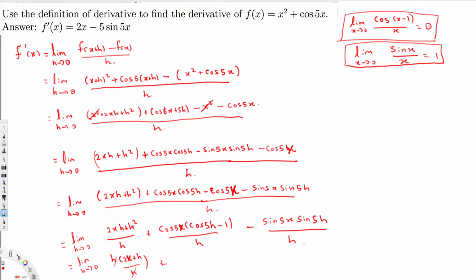Cos 5h minus 1. This is cos x minus 1, so cos 5h minus 1 over h. But we have to have the same number. For example, if it's cos 3h, it has to be 3h to become 0. Cos 5h has to have 5h to become 0.